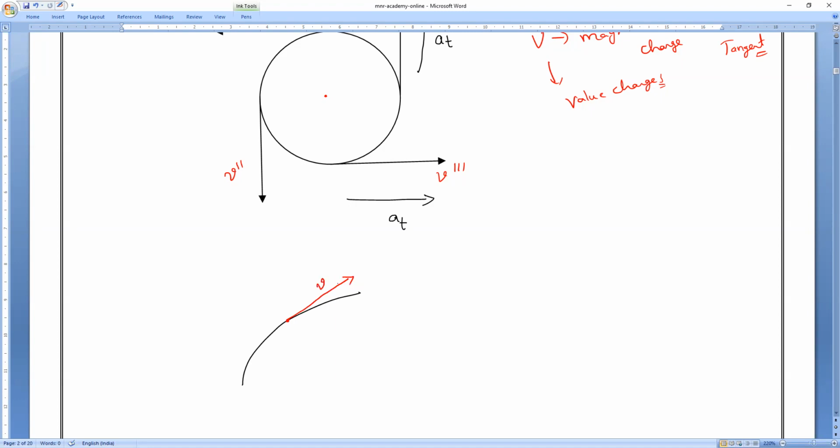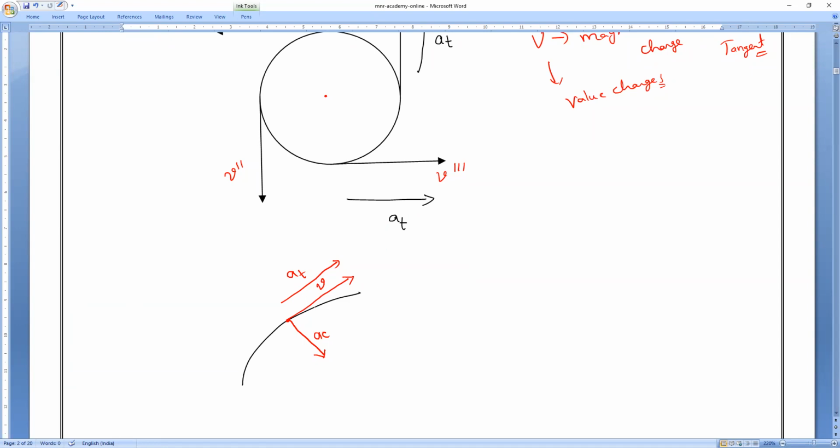For example, the velocity or speed of the body is acting like this. Now remember, tangential acceleration will act like this. And we all know that centripetal acceleration always acts towards the center, along the radius.